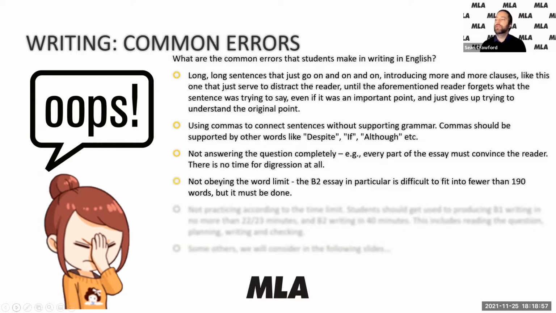So the next one, not obeying the word limits. So this is important to point out that if your student has written 300 words instead of 190 words, it probably means that they have strayed from the point a bit, and they're not really concisely addressing the question.